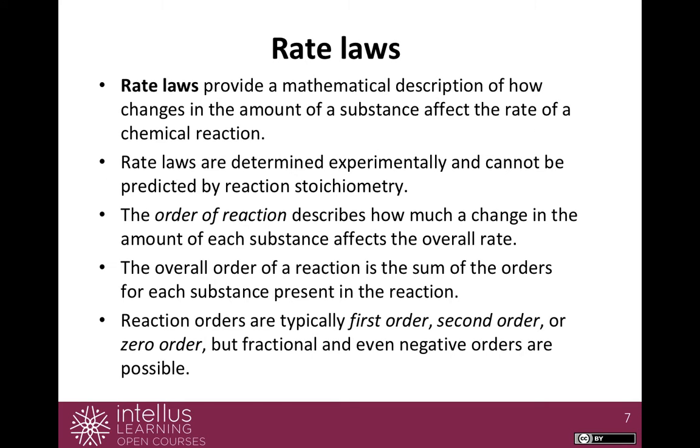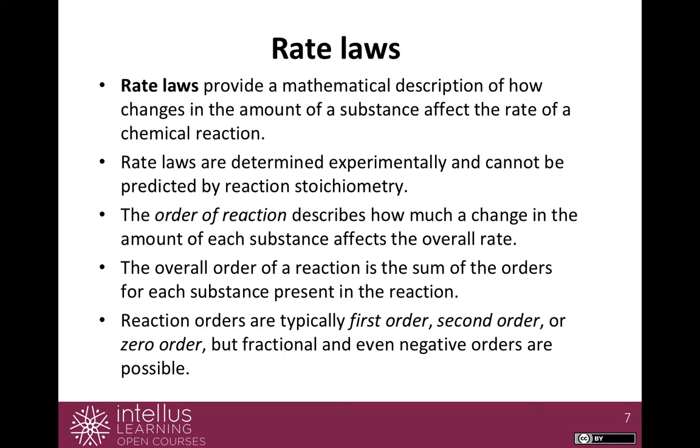So for doing rate laws, we have 2 types of data that you can be given, and it is a mathematical description of how that rate, or how that chemical reaction, is changing. And the reaction order describes how much of the change is due to each substance in the reaction.